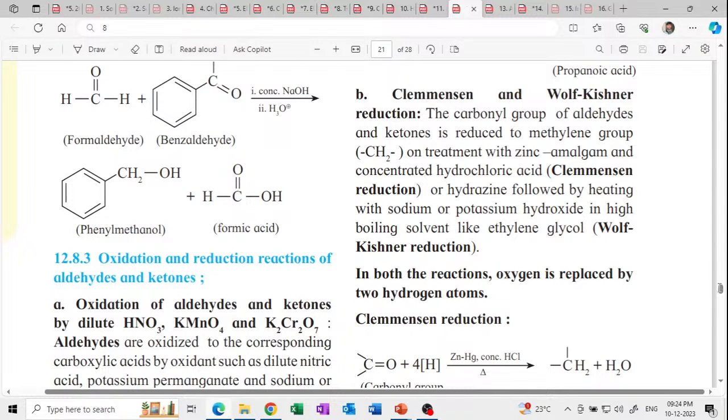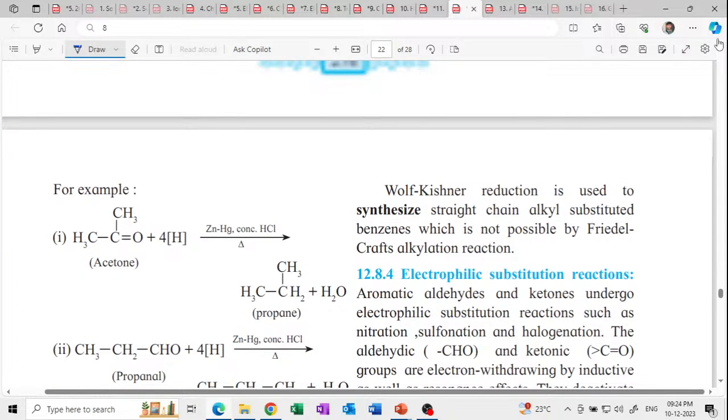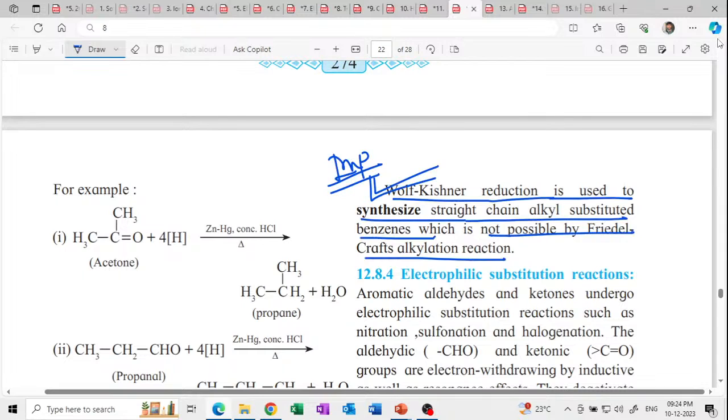And then this is very important. Wolff-Kishner reduction is used to synthesize straight chain alkyl substituted benzenes, which is not possible by Friedel-Crafts alkylation reaction. This is very important. So please write now. Get it? हा पॉइंट आला पाहिजे तुमच्या आन्सर मध्ये. आणि नंतरचा हा एक पॉइंट बस हा सोपा आहे.